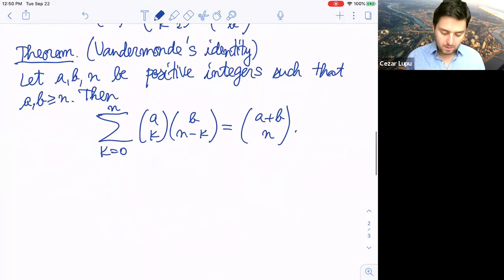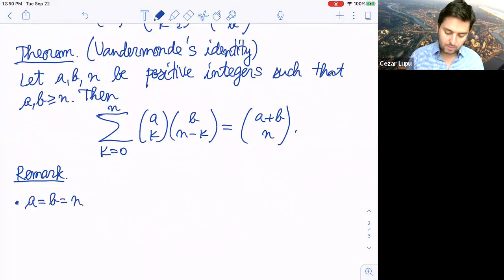And here, let me point out the following interesting consequence. If A equals B equals N, so let's take them to be equal, then guess what?